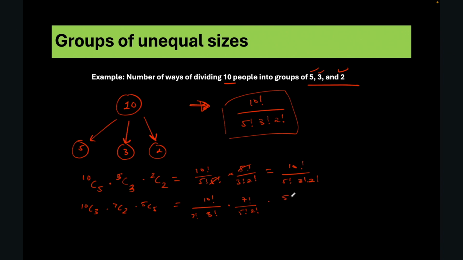The 7 factorials cancel out, and the 5 factorials cancel out. I'm left with 10 factorial by 5 factorial by 3 factorial by 2 factorial. It's the same exact thing at the end of the day.